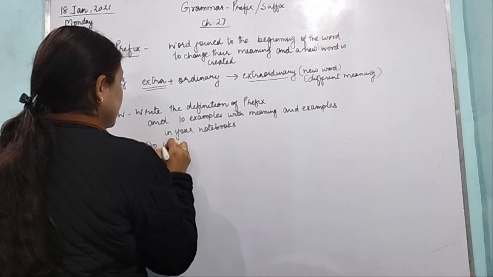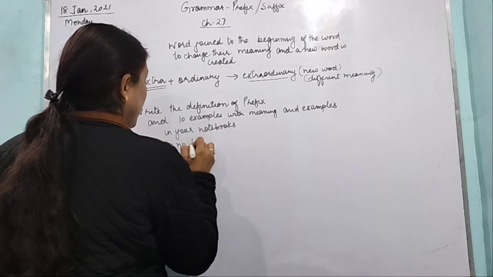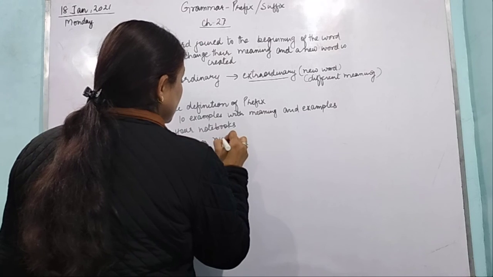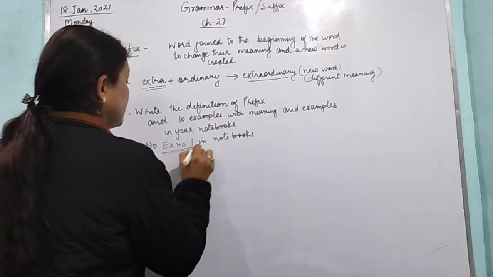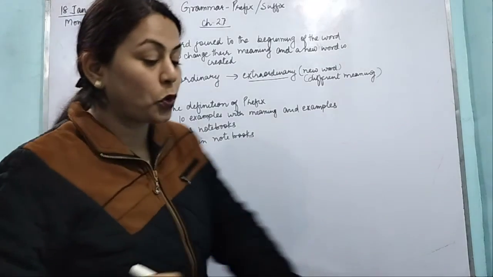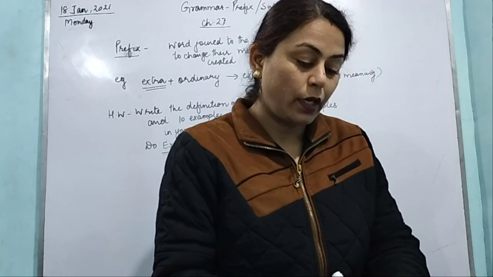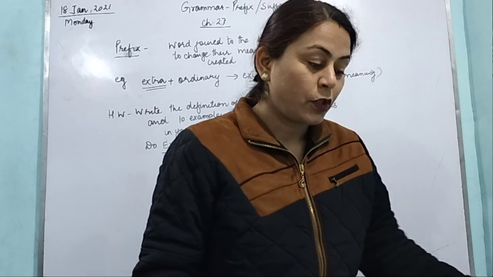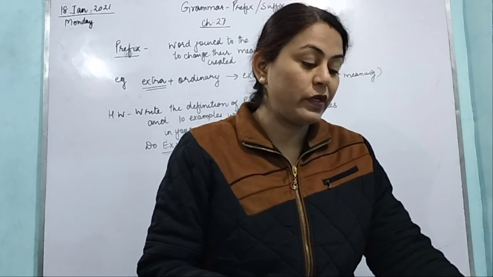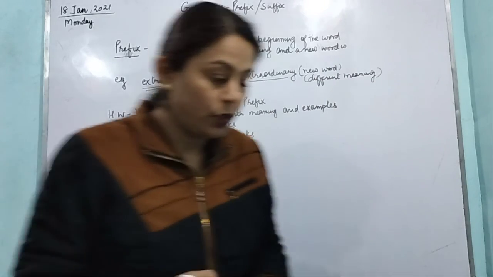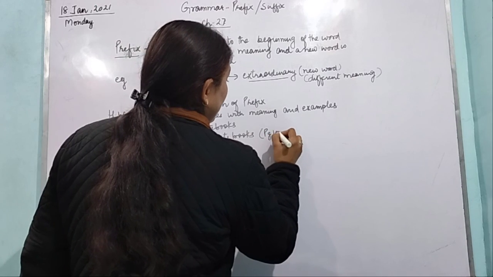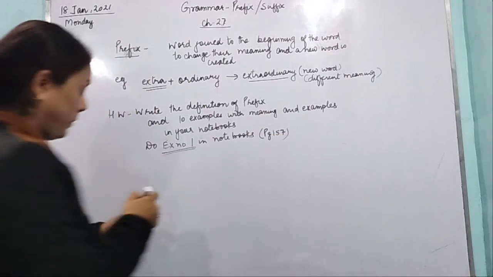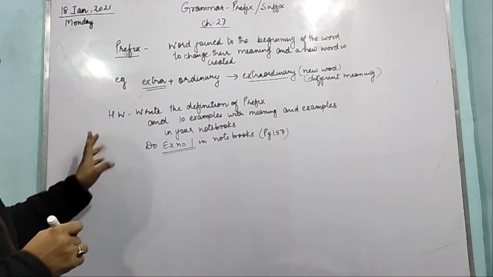Do exercise number 1 in notebooks. आपने एक्सरसाइज नंबर 1 भी करनी है, नोटबुक्स में करनी है, खुद करेंगे आप ट्राई. ओके, यू विल डू इट योरसेल्फ, देन वी विल डिस्कस इट इन द अनदर लेक्चर. सो डू दिस एक्सरसाइज ऑल्सो ऑन पेज नंबर 157. डू इट योरसेल्फ. सो दिस इज योर होमवर्क. Write down.